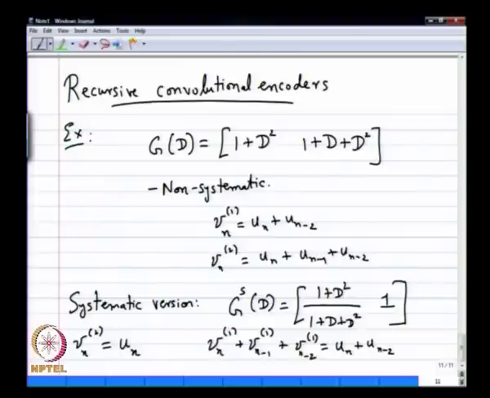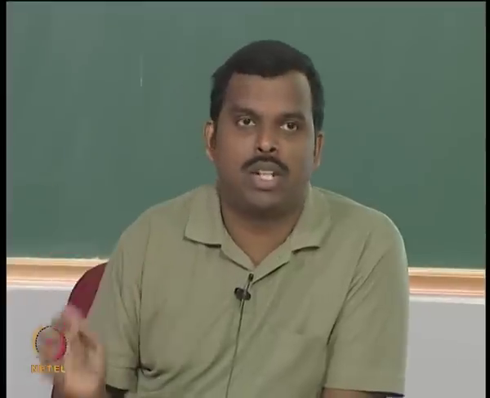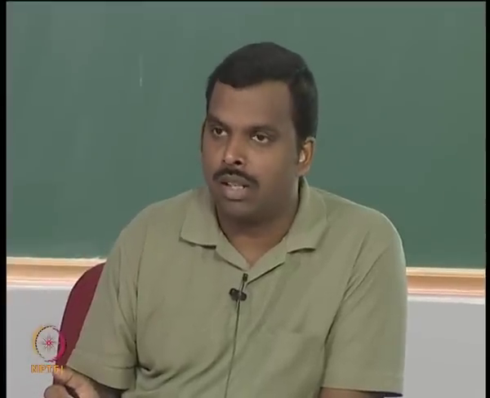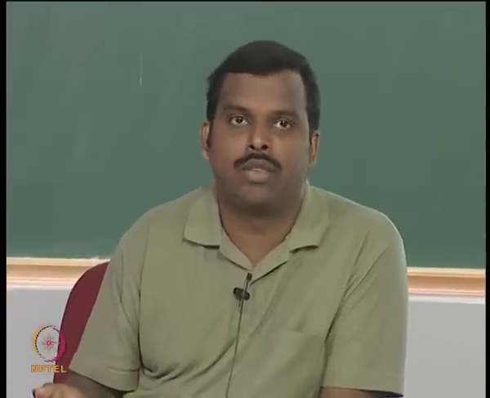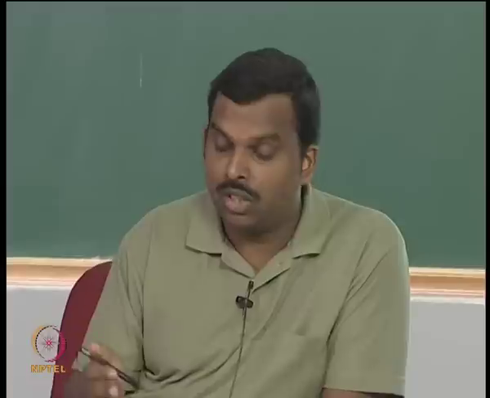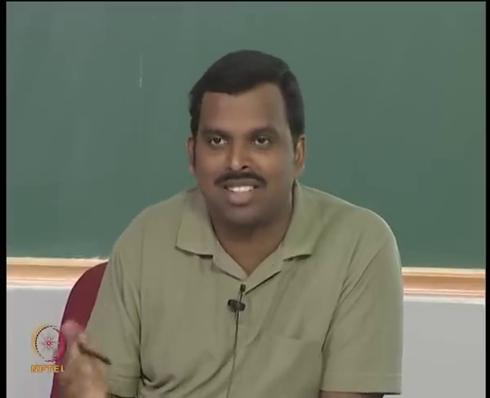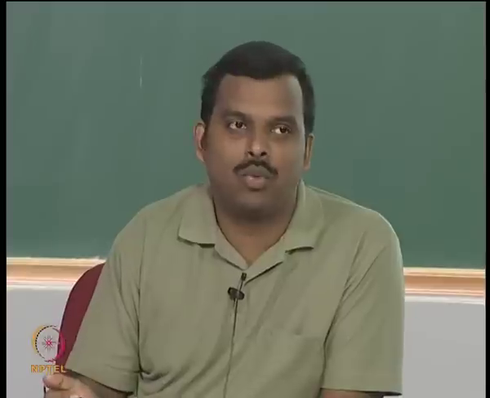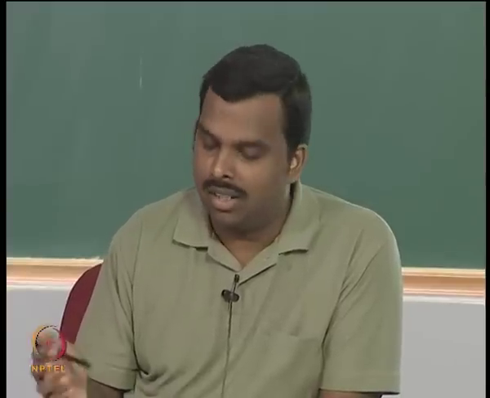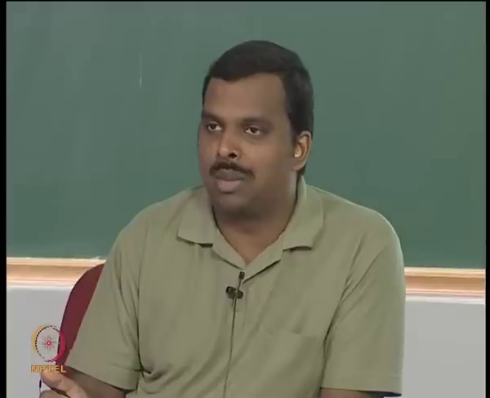I'll come to that soon enough. But supposing I terminate to all 0, will these two codes be the same, if I look at them as (n,k) codes? That is the first question I have to answer. Turns out they will be the same. But we have to check that, and then do all those things a little bit carefully.